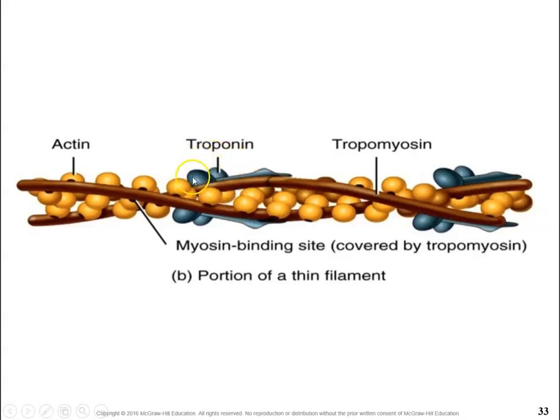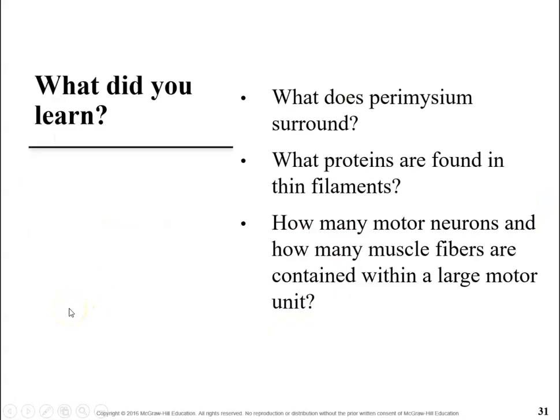And remember that that's just a change of shape. And when that happens, it pulls tropomyosin out of the way of those myosin binding sites. And the myosin heads on the thick filament are then able to attach here and pull the actin filament towards the center of the sarcomere. And I'll show you that in a sec.